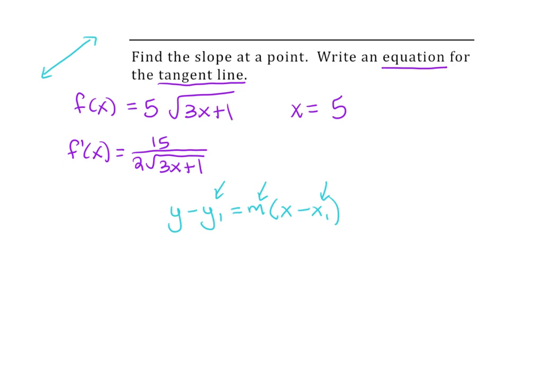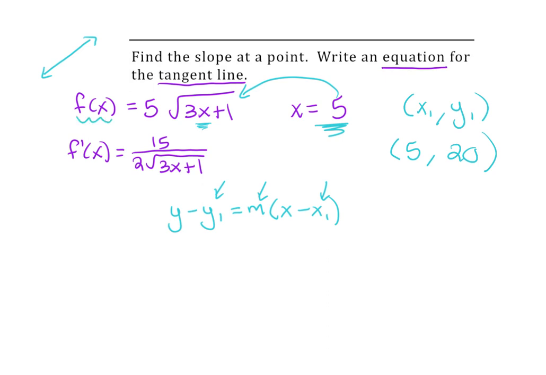Well, a single point, so your x1, y1, comes from, here's your x1 right here. We're going to plug that in to f of x to find y. So I've got 5 comma, all right, plug in 5. 3 times 5 is 15, plus 1 is 16. The square root of 16 is 4, times 5 is 20. So there I have a point on the tangent line on f of x.